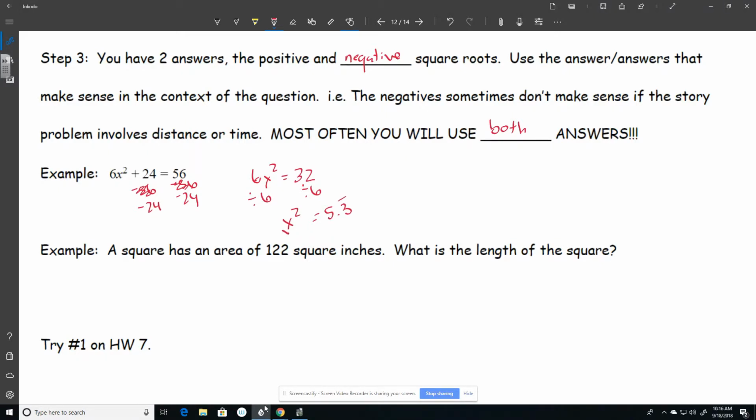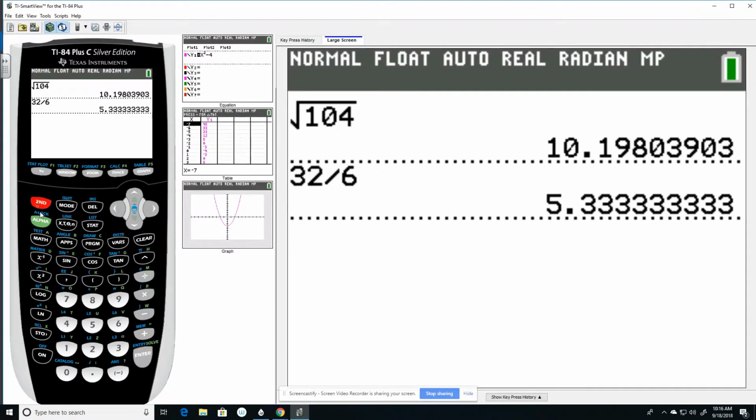So when I take the square root of both sides so that I get x all by itself, I get x equals a positive and a negative square root of that ugly number. So I'm going to hit second, square root, and I'm going to put in second answer, my 5.33, right underneath there.